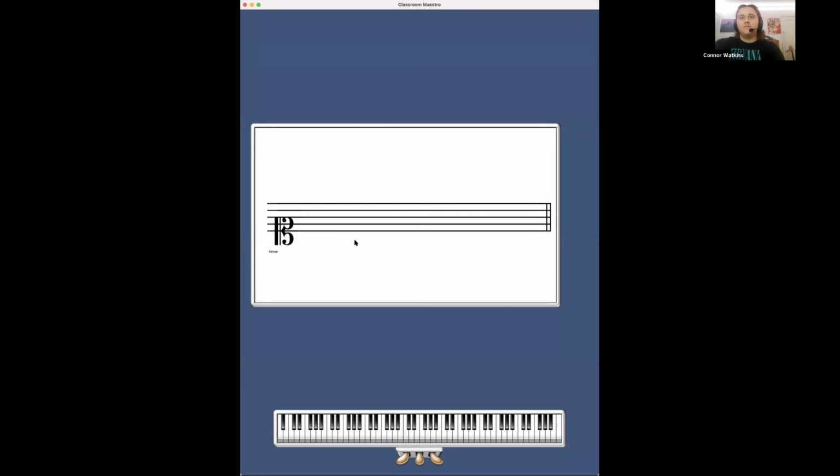This is mezzo soprano. This is alto. This is tenor. This is baritone. So why does it go from high pitch to low pitches? That's an excellent question. The answer is so you don't have to have a bunch of ledger lines.